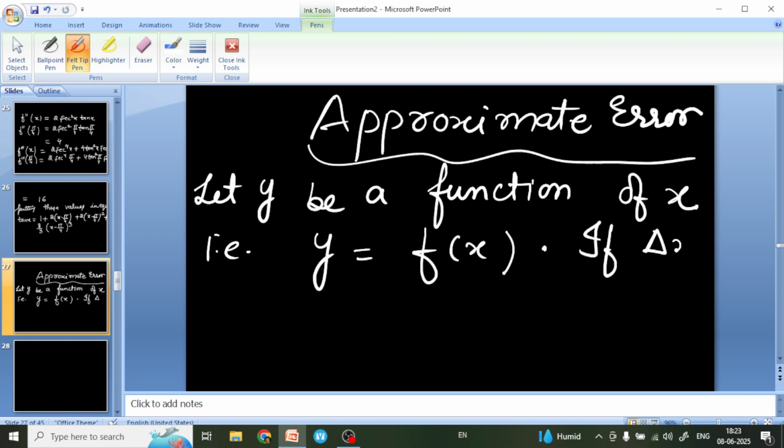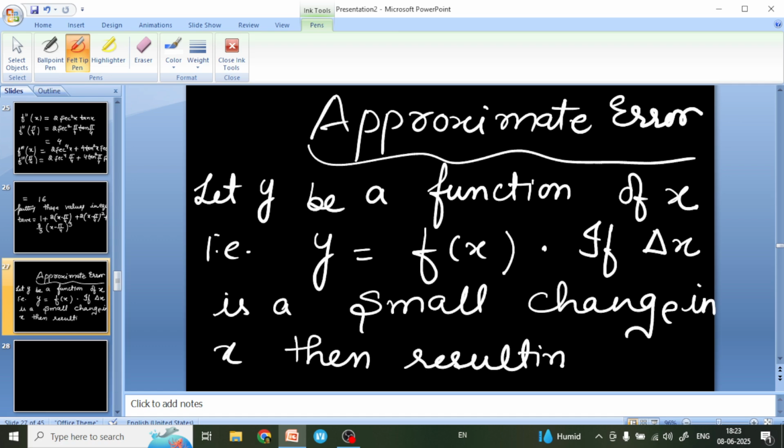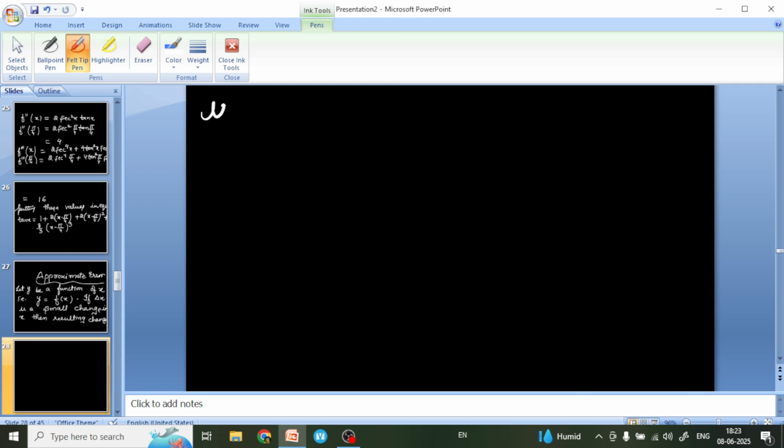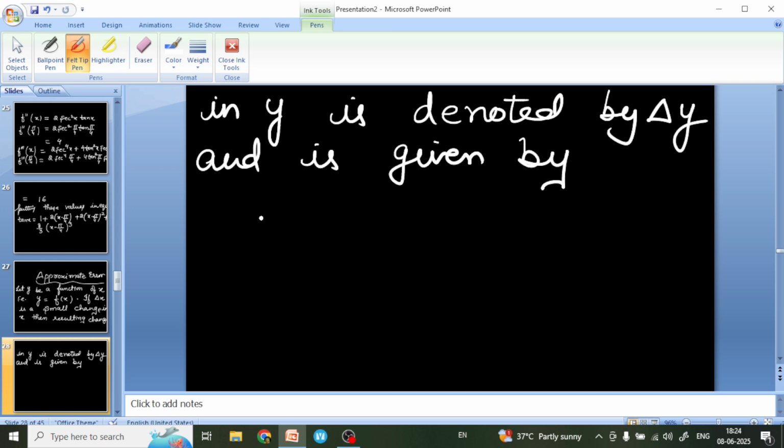If delta x is a small change in x, then the resulting change in y is denoted by delta y, and is given this way.